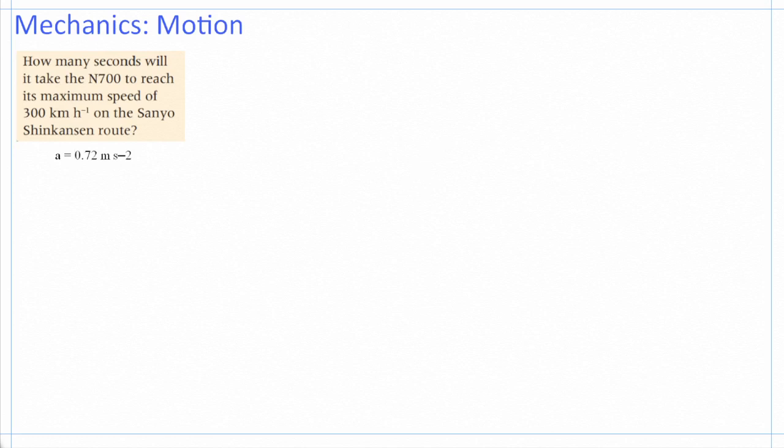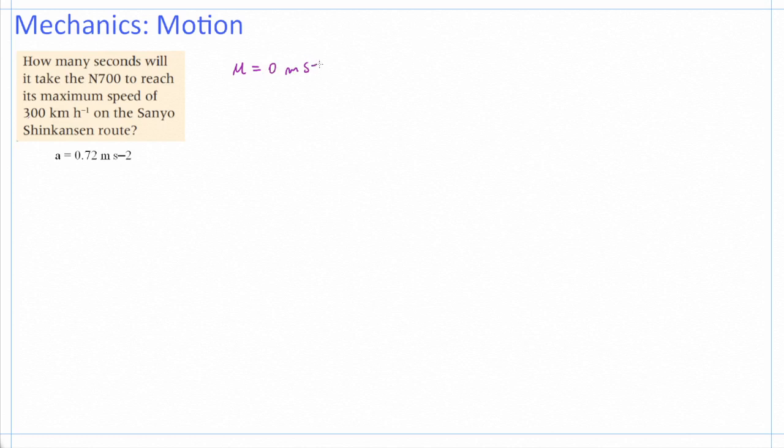Now, how could we calculate the time for it to reach its maximum speed, assuming that the maximum speed is 300 kilometers per hour? If we're talking about a train which is going to start its movement, what would be its initial speed? Well, it's 0. It's at rest.